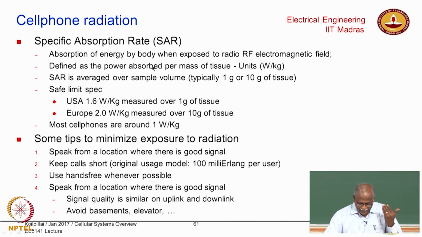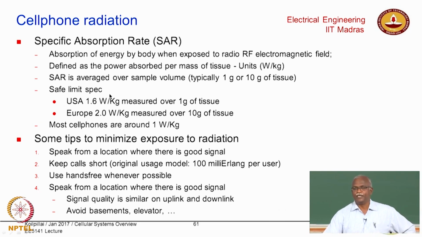The effect of electromagnetic radiation on human tissue is measured by something called specific absorption rate, SAR. There are units of SAR, which are watts per kilogram, or there are different ways of measuring it. Typically, these measuring methods are specified by the different regulatory agencies.